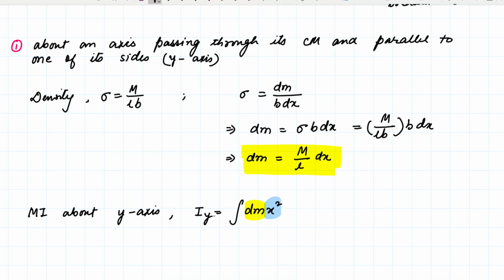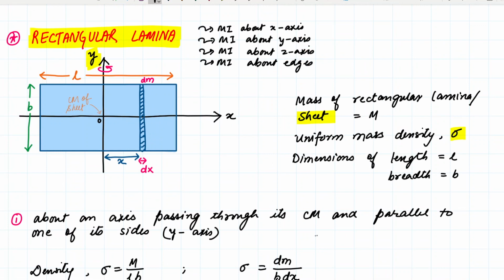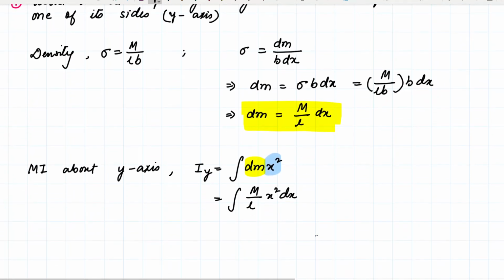So let us substitute this here, and if we substitute this here, this ends up becoming capital M upon L x square dx. What limits will we take? The limits are going to be from minus L by 2 to plus L by 2. So this is equal to m upon L x cube by 3 from minus L by 2 to plus L by 2.